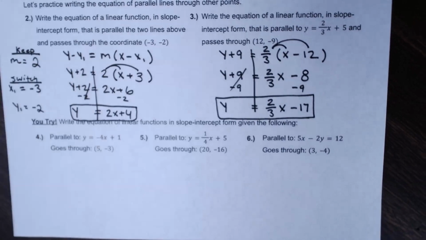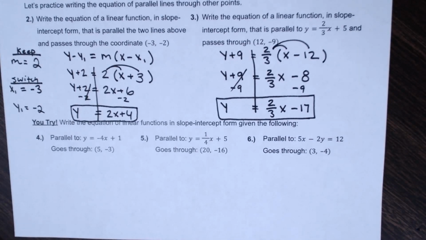Do me a favor and try 4, 5, and 6. Be careful on 6. It wants them all to be parallel in slope-intercept form.